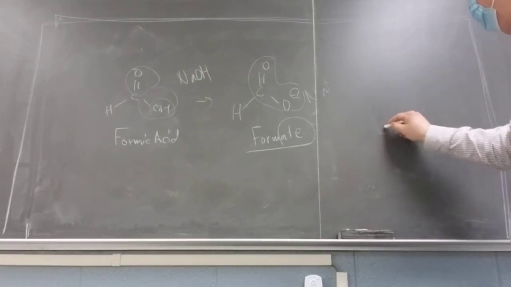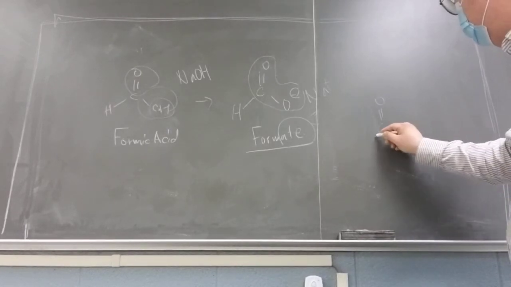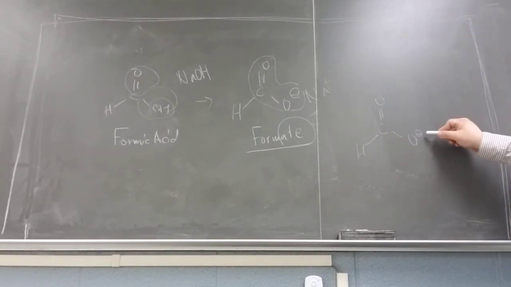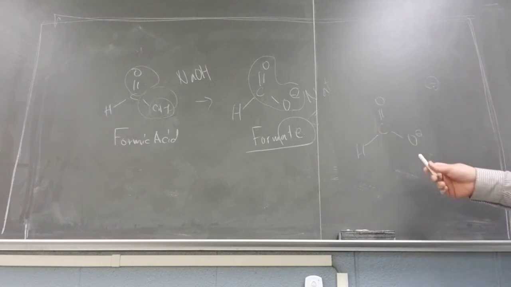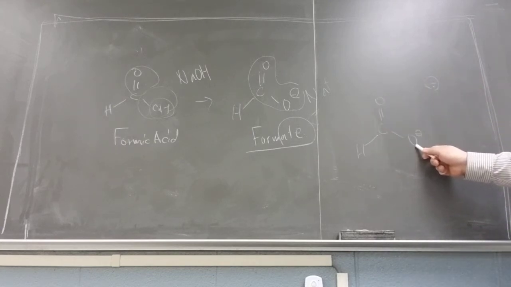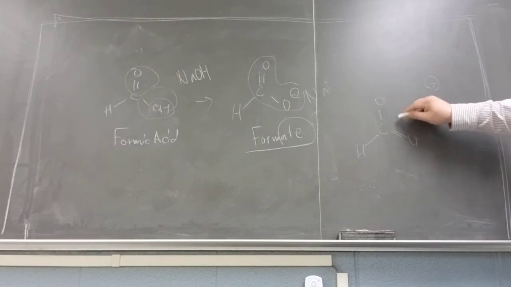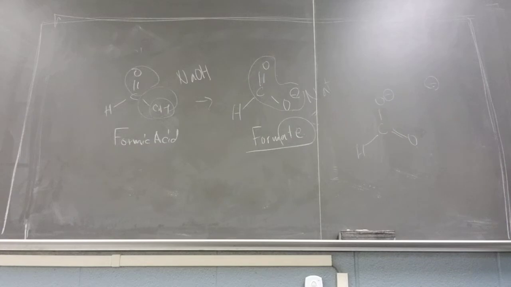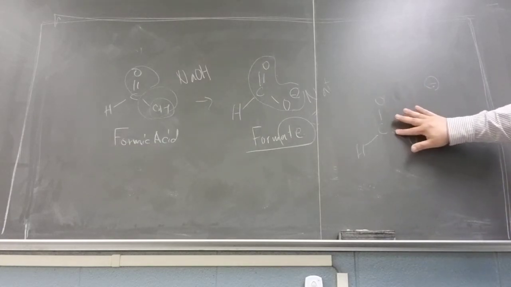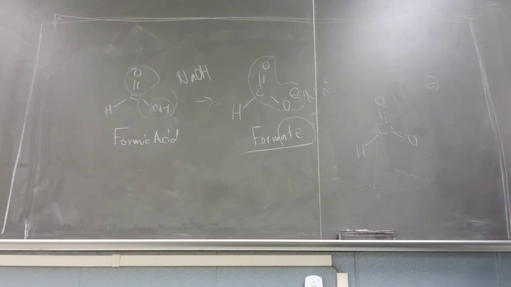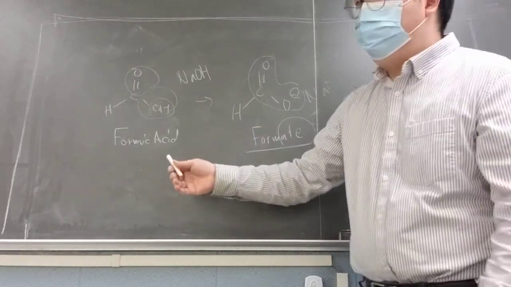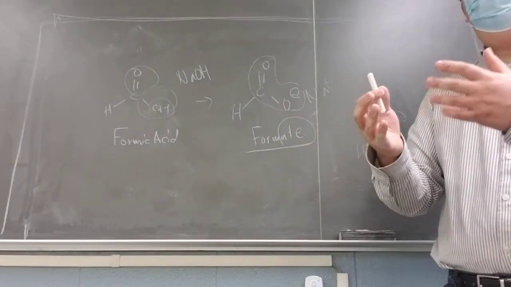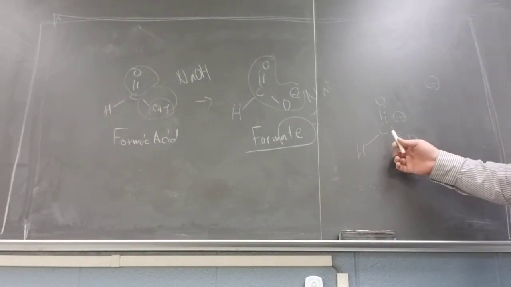So if you have one electron, it can be assigned to either of the two oxygens. It could do this one too, right? So what they do is delocalize across the whole thing. In that way, because of the resonance structure, it can be more stable than the alcohol, because alcohol can only do this with alkoxide.